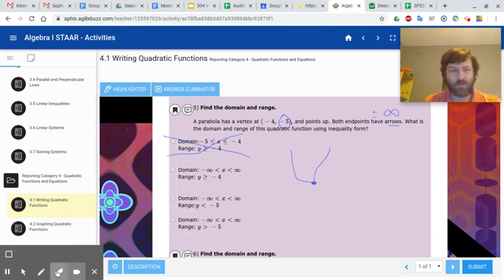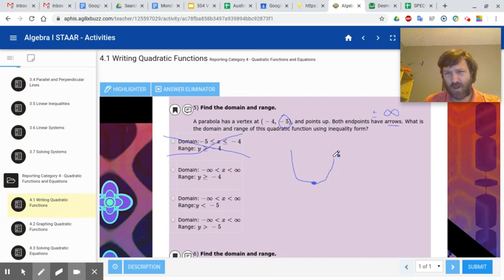I'll clear that out. Try to draw that a little better for us. So the graph opens up and it has arrows, which is fine. What we know is that the graph goes forever up, but it has a low point at -5. So that means it can't be the second choice because it has -4 as the low point. The low point here is -5. Now notice one of these has y is less than -5, and one has y is greater than -5.